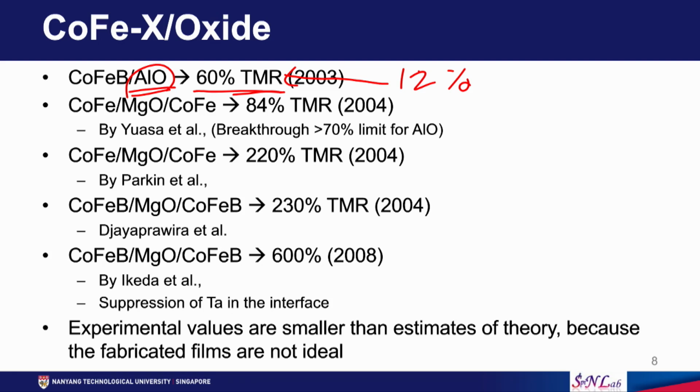Then a breakthrough came in 2004, where a group from Japan came up with 84% TMR. Then Stuart Parkin came up with 220% TMR. Then the same group in Japan came up with 230% TMR and so on. So 2004 is the onset where magnesium oxide made a breakthrough.